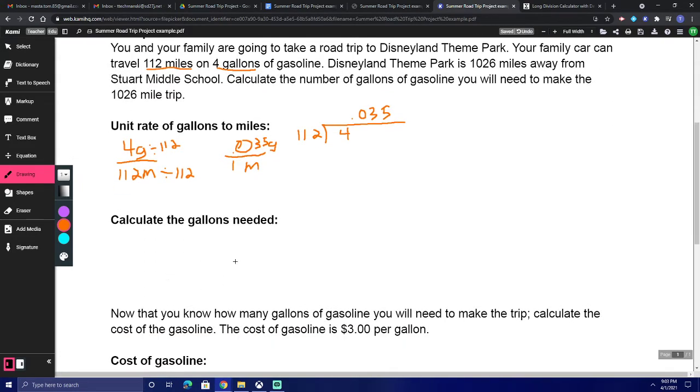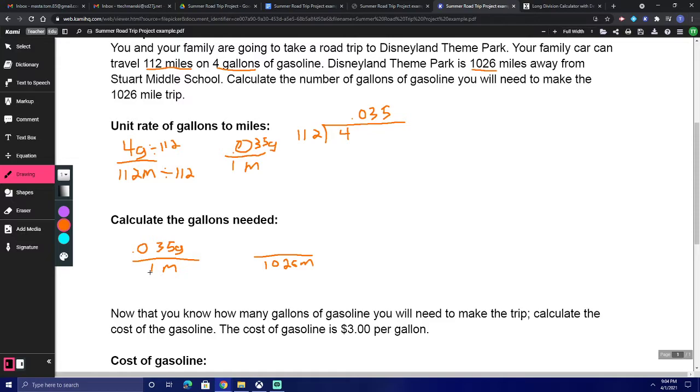The next thing I will do is use my unit rate to figure out how many gallons of gasoline it will take me to travel the 1,026 miles. So I will take my unit rate from above, bring it down. I have 0.035 gallons over 1 mile. And I'm trying to figure out how many gallons I will need to go 1,026 miles.